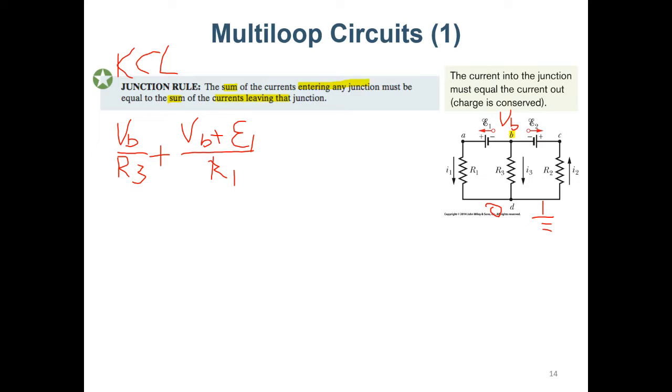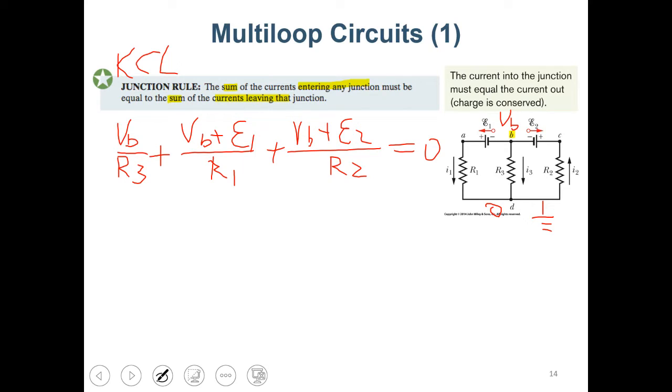And for the current going this way, as this one is VB, point C should be VB plus E2, and this is 0. So the current going in that direction should be something like this. And then we add all of these three currents together to be 0.